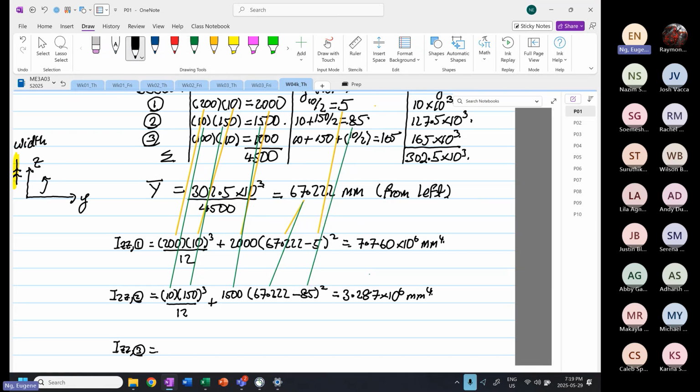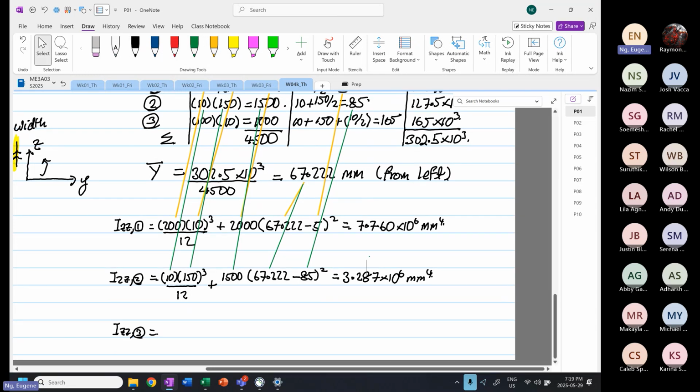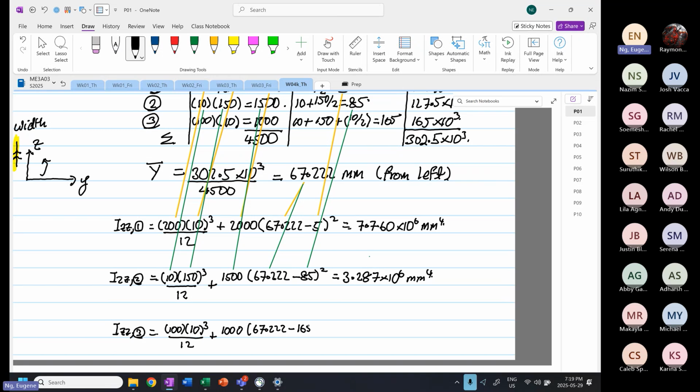Okay. So I'm going to do the same thing again without looking at the diagram. So you have 100 multiplied by 10 cubed over 12, plus 1000 multiplied by (67.222 minus 165), squared.